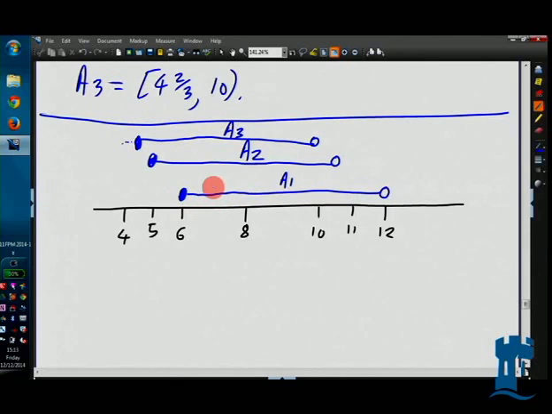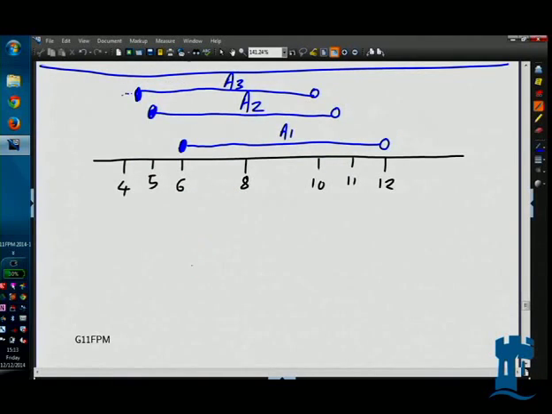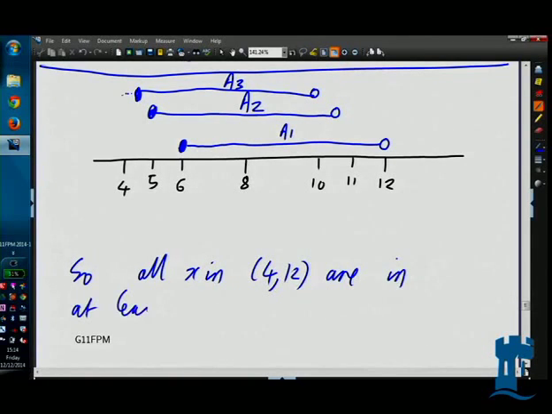It doesn't matter how many of them they're in, as long as they're in at least one. So all x in (4, 12) are in at least one of these intervals.